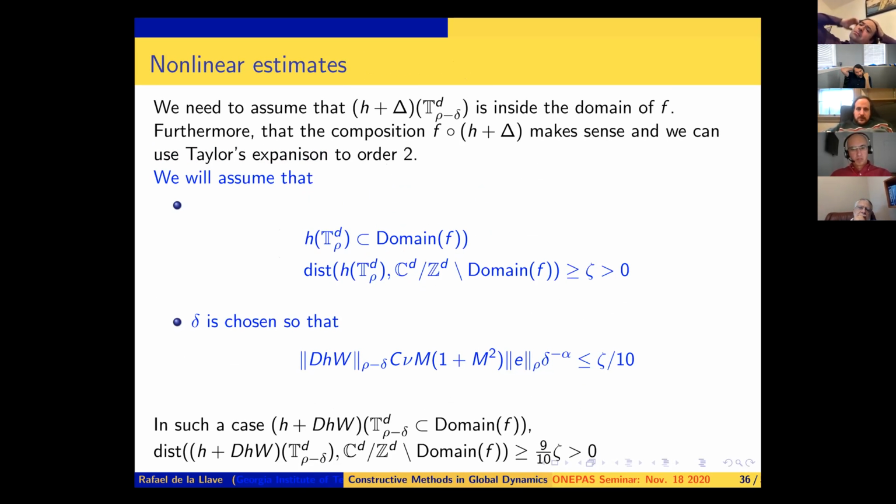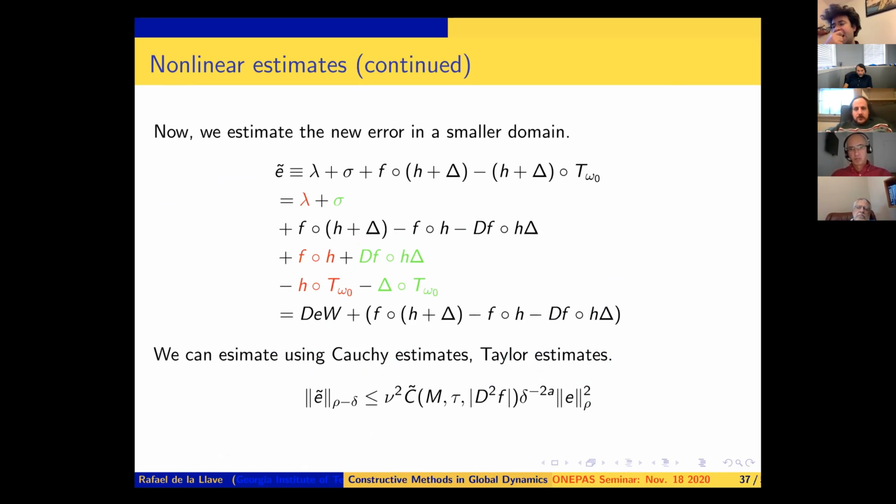Okay. And now, if you look at these things, then you can prove that h plus whatever is in the domain of f, and then you can do this composition, and that this is very well inside, so that you can have a distance. And now the estimate of the new error, which I denote by tilde, is very simple.